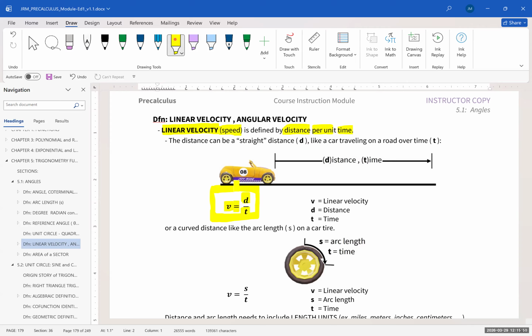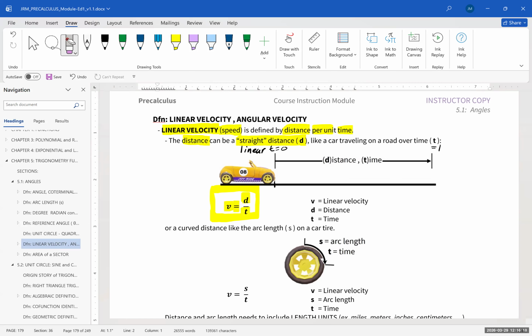Now, if you look at this car, the distance that the car is traveling is a straight distance, or a linear distance. So it starts someplace here, which might be at time zero. It goes a certain distance, and then it's at a different place at another time.